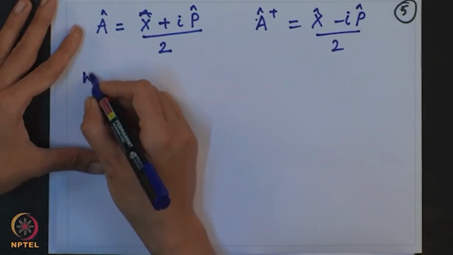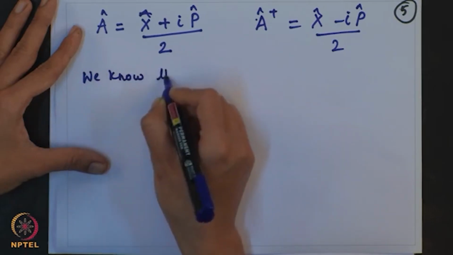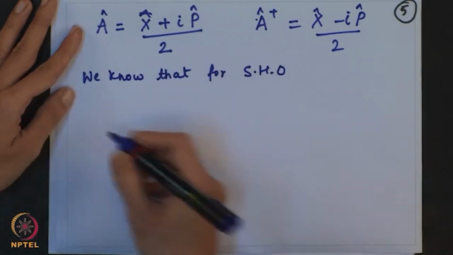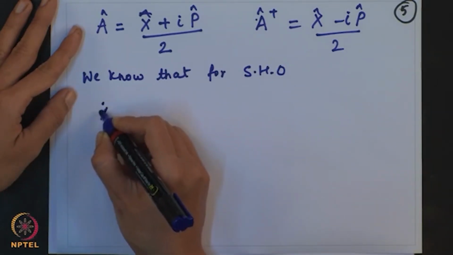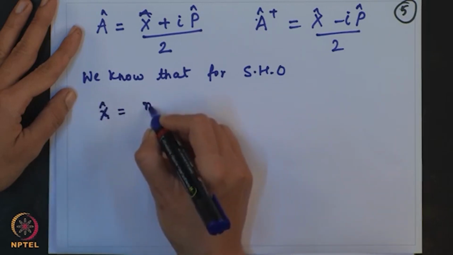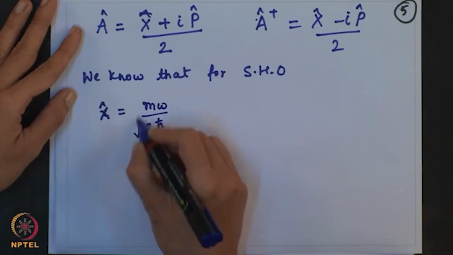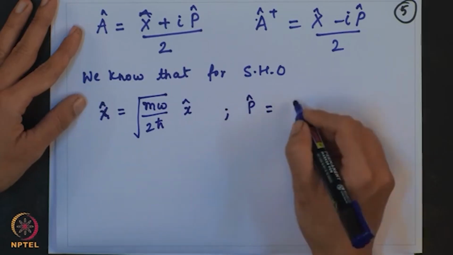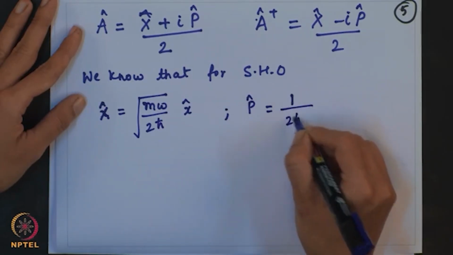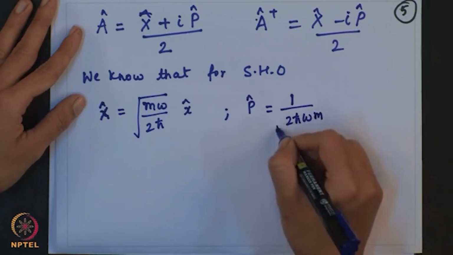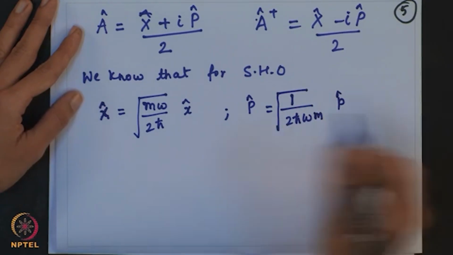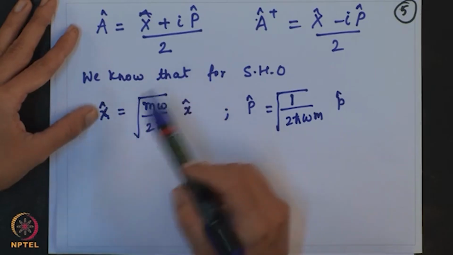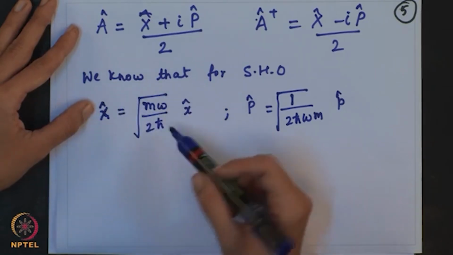So, we know that for simple harmonic oscillator, we have this relation capital X is nothing but square root of m omega upon 2 h cross times x cap, and P is nothing but square root of 1 upon 2 h cross omega m times p cap. So, capital X and small x are related by this relation. Okay. We have defined capital X in terms of dimensionless variable.